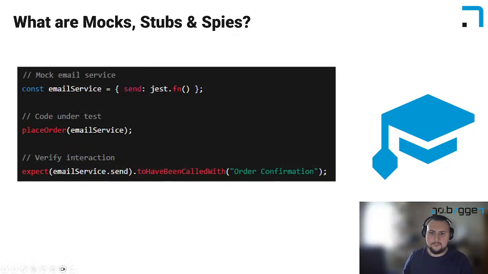Contrary to that, we have the mock, where we actually implement a service, in this case a functionality for an email service. We just create a functionality with Jest, that is JavaScript if you haven't recognized that already, where we place an order and then we expect to send out the email and check if it has been called with order confirmation.